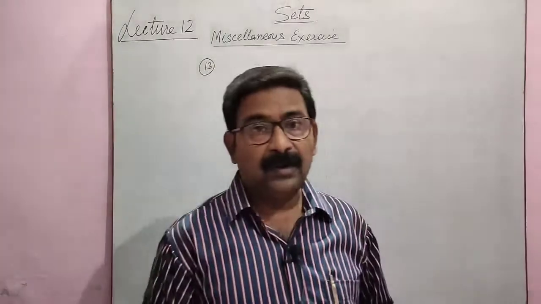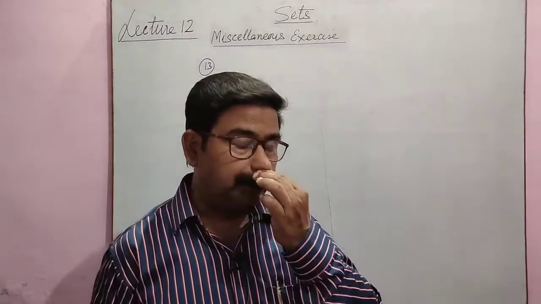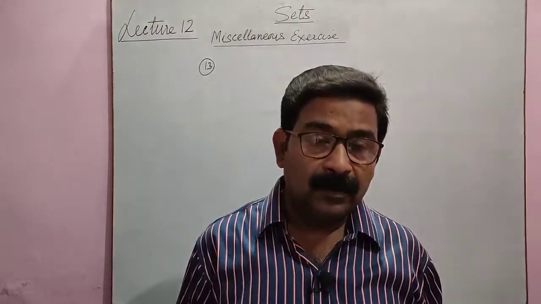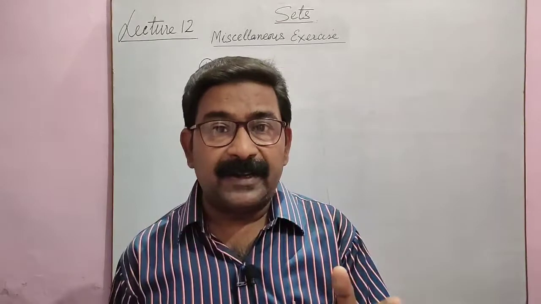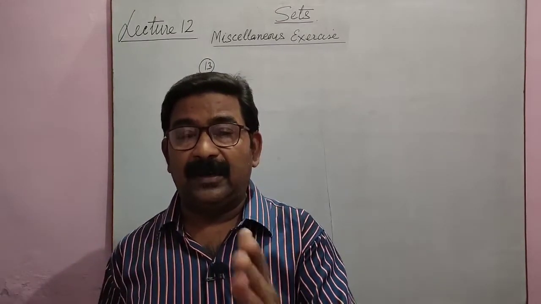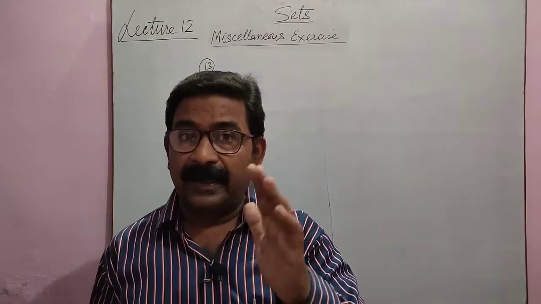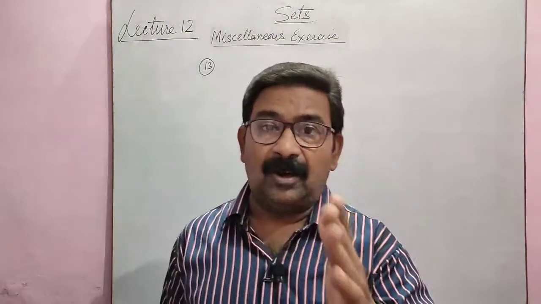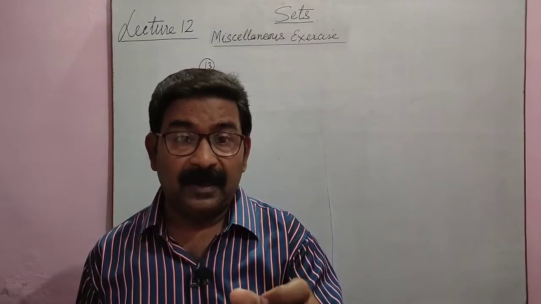Try to understand. I would like to give one clue. Sometimes in the question it is given that so many students are taking either tea or coffee. Either and neither, two words. If we are given that some students are taking either tea or coffee, it means it is the union of the sets.